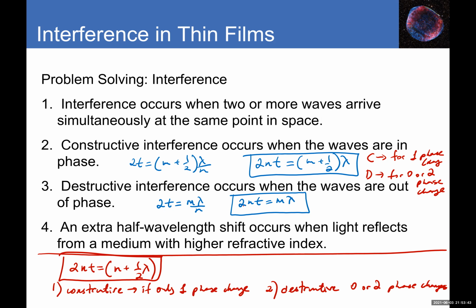Well, this is what I said, that this is for the destructive. So use it for destructive, D, if one phase change, but this is for the constructive if 2 or 0 phase changes.